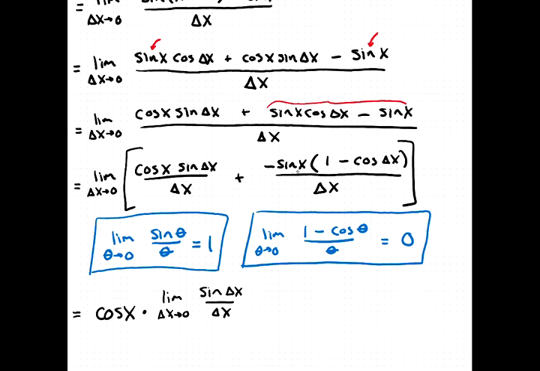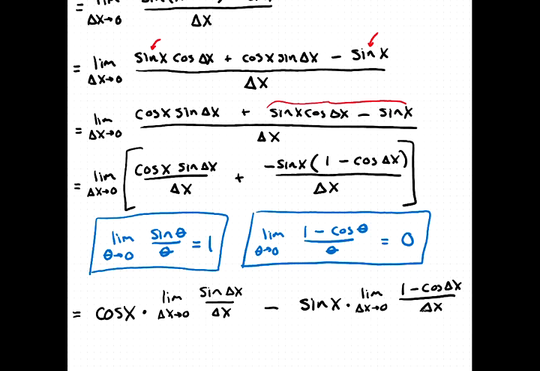And then same thing here. This limit does not affect the sine of x because it doesn't contain a delta x. So we could subtract off the sine of x times the limit as delta x approaches 0 of 1 minus cosine delta x over delta x.